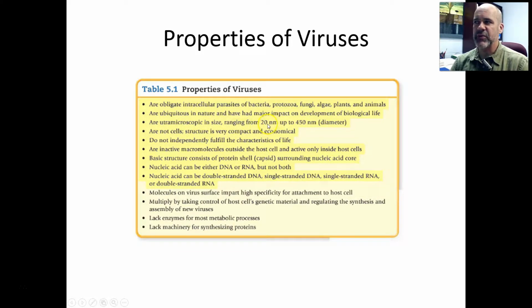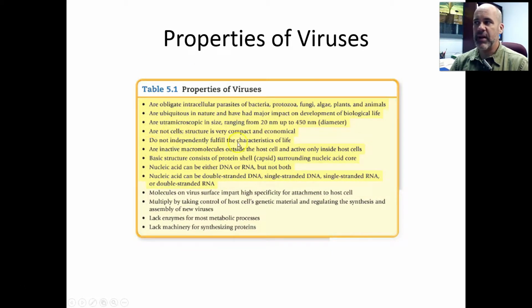So their sizes range from 20 nanometers in diameter to 450 nanometers, and a nanometer is a billionth of a meter. So we've talked about how bacteria are in the micrometer range, and that's a millionth of a meter. So these can be anywhere from 10 times smaller than a bacterial cell to more like 100 times smaller than a bacterial cell.